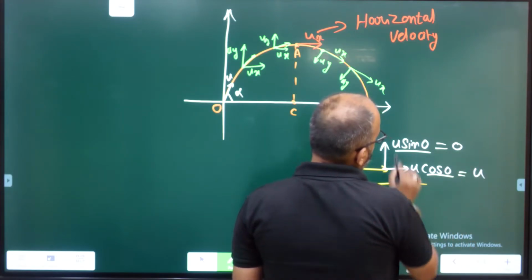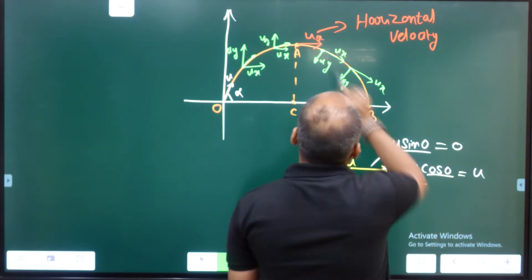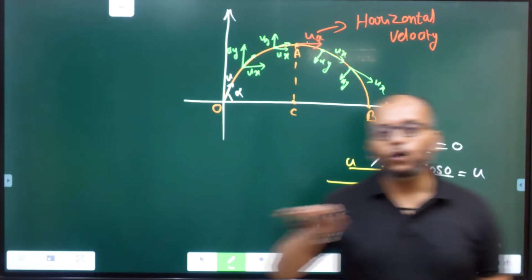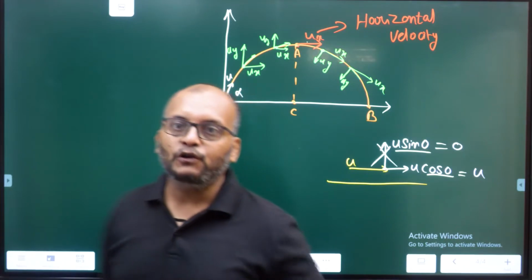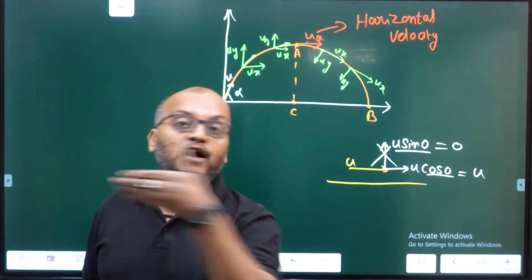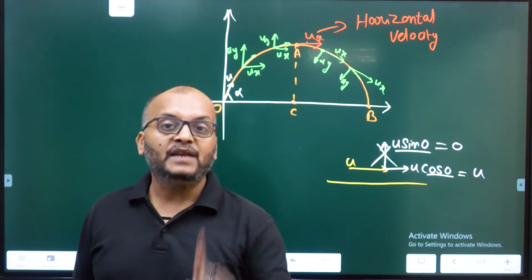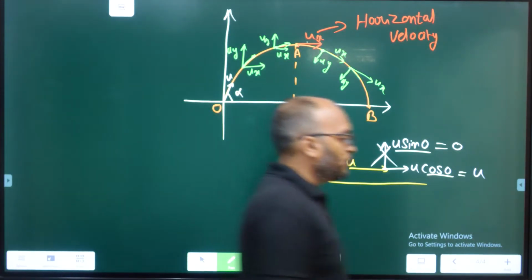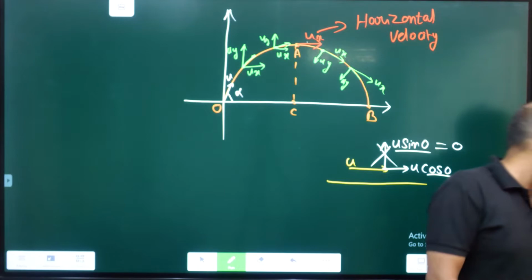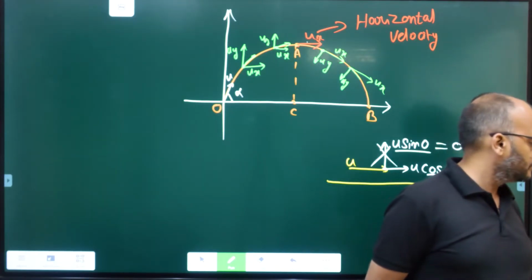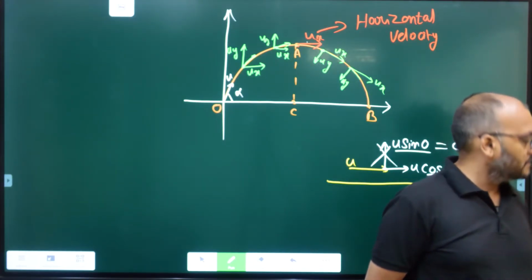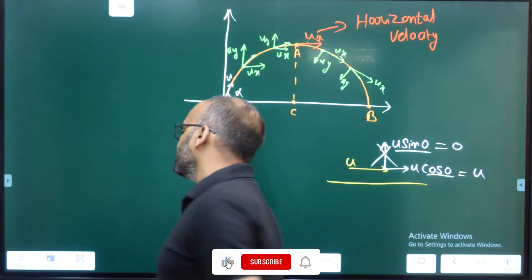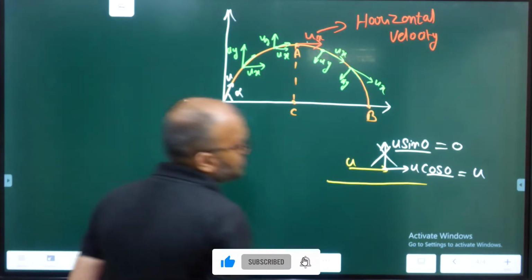So can I say that at point A, velocity has only a horizontal component, or the velocity is along the horizontal direction, and there is no vertical velocity at point A? That's what I was saying. Okay, so please jot it down, then I will proceed.